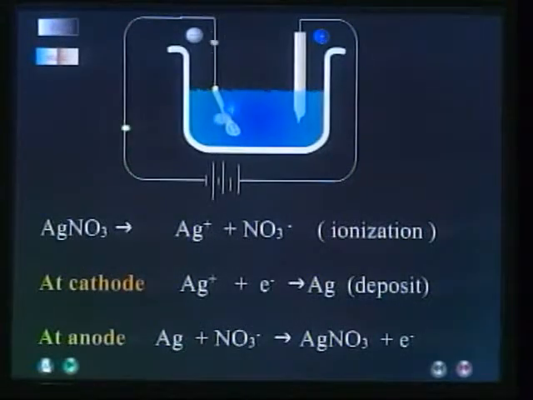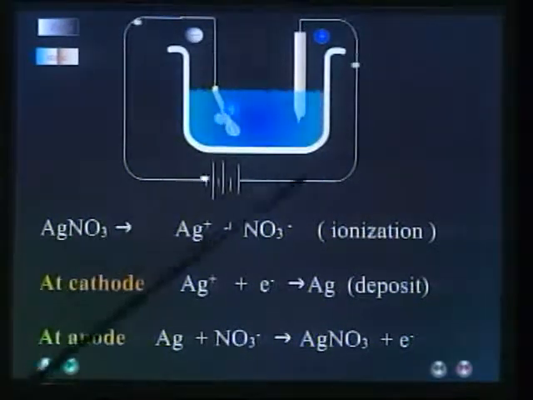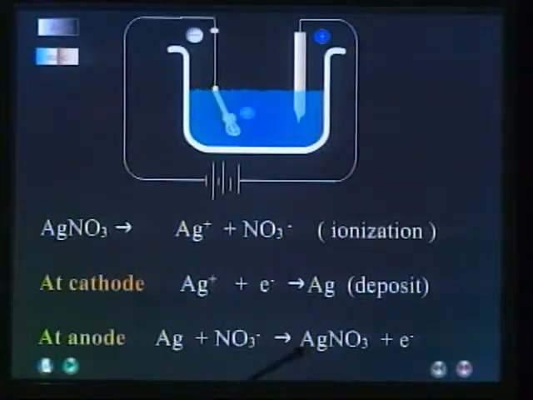Silver nitrate undergoes dissociation to give Ag+ and NO3-. At the cathode, that is on the spoon, the Ag+ ions are deposited as silver by taking electrons. The silver present in the anode reacts with anions of AgNO3 and gives rise to AgNO3.